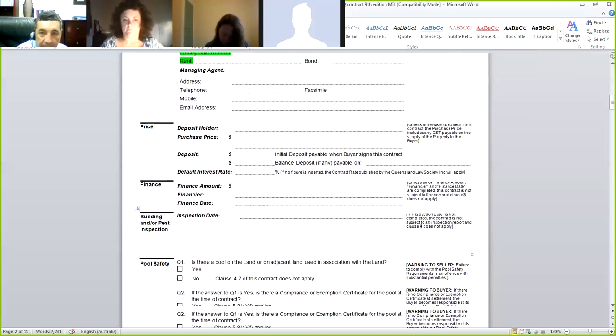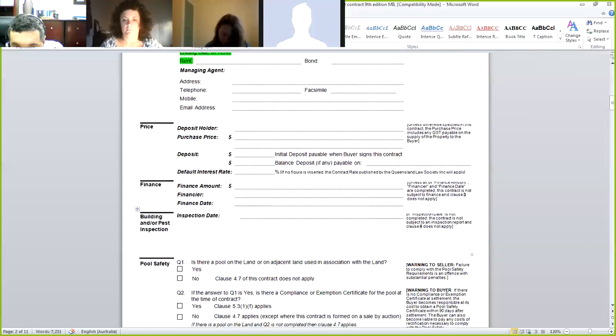Building and inspection. Now just note over on the right hand side that if the inspection is not completed, or if the inspection date is not completed, the contract is not subject to an inspection report and the clause does not apply.